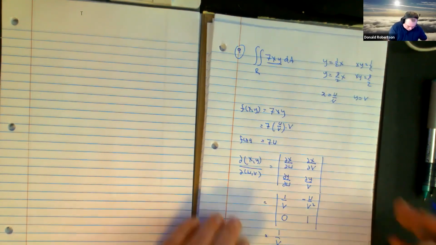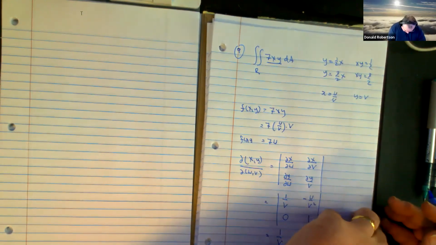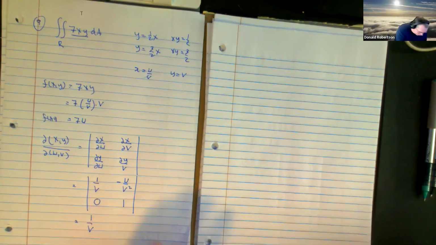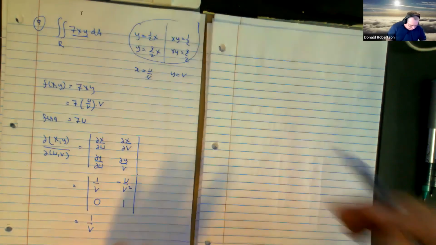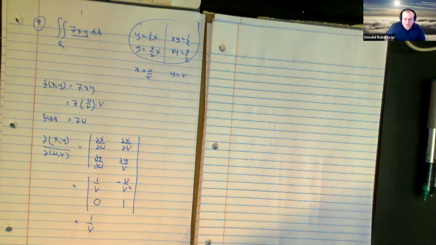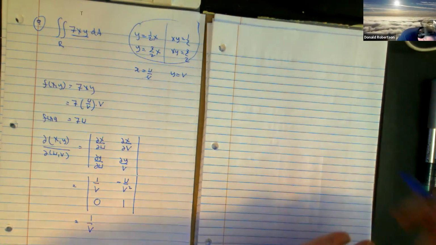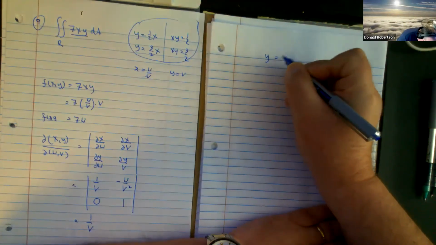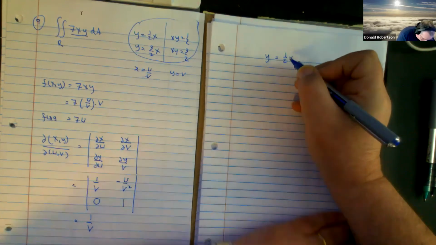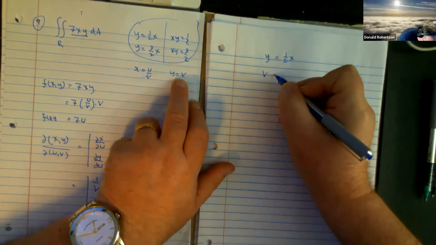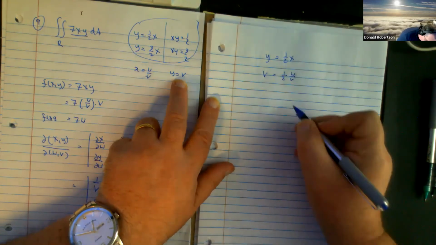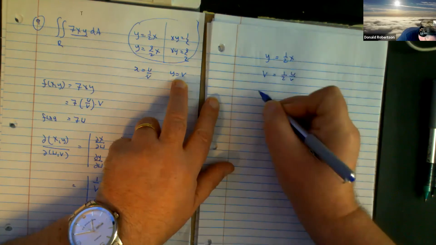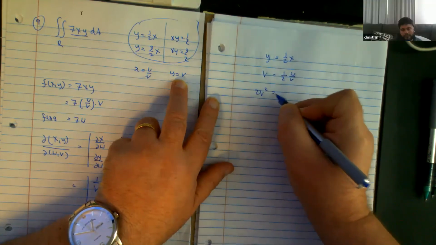So the last part, which is typically going to be the hardest, isn't it, is to find the limits of integration, which means we have to take these and convert them into what they mean in terms of u and v. So if I start with y equals 1/2 x, if I put in v equals 1/2 u over v, if you cross multiply, you get 2v squared equals u.